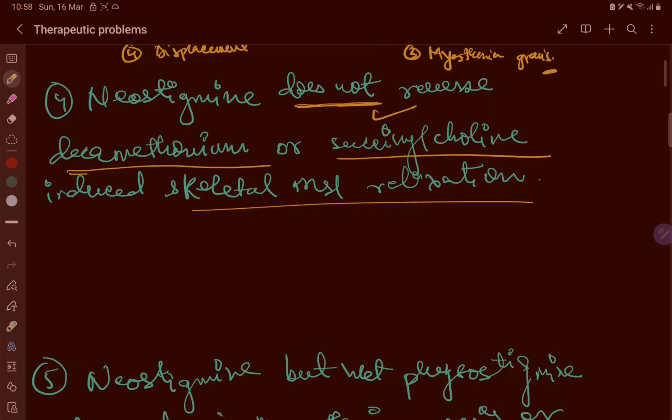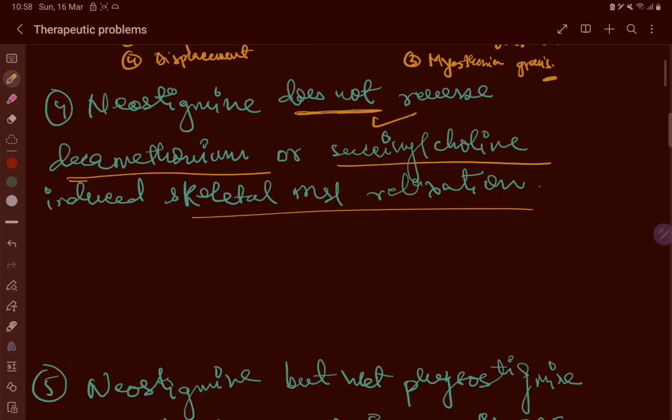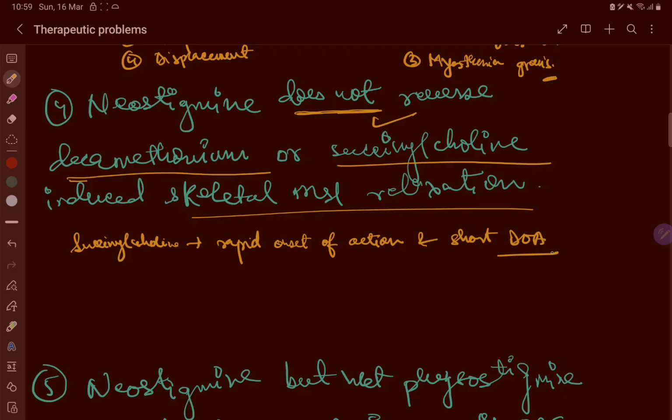Okay, so first, you have to know succinylcholine has a rapid onset of action and short duration of action, like 4 to 6 minutes.